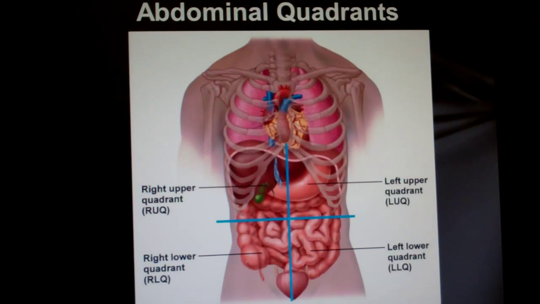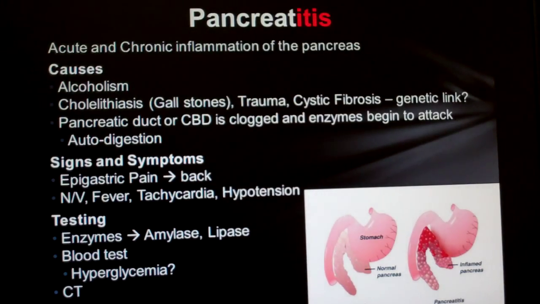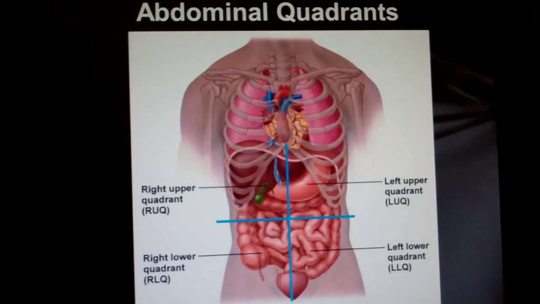If the little circle in the very center of the large circle is an umbilicus, or belly button, our abdominal quadrants are divided up into the right upper quadrant, the left upper quadrant, right lower quadrant, and left lower quadrant. In medicine, we're always looking from the patient's perspective, so in this case, the patient is standing looking right at you.